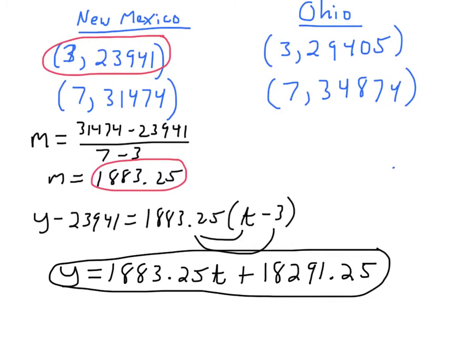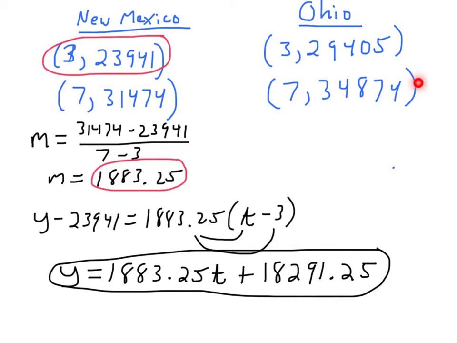We could do the exact same thing for Ohio because we also have two different ordered pairs here. We could find the slope and then go through the same exact process. I've actually done that, and to save a little time, I'm just going to write down what the answer came out to be.